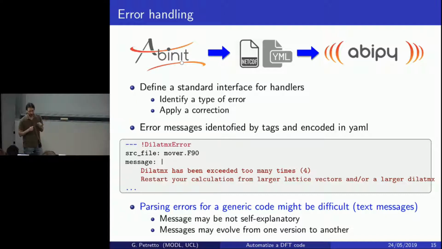For this, I will not enter into many details, but the interesting thing to me is that we managed to take full advantage of being developers of the Abinit code. So we basically use directly at the Abinit level YAML and netcdf files to write the errors in a format that can be parsed by the Python code.